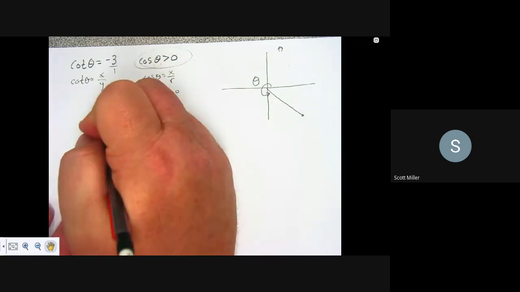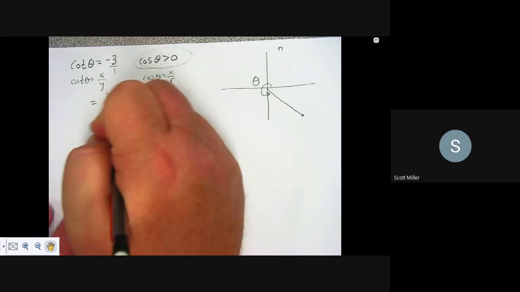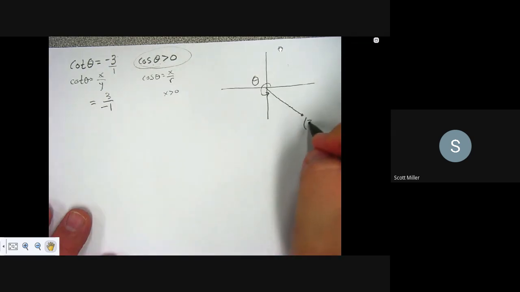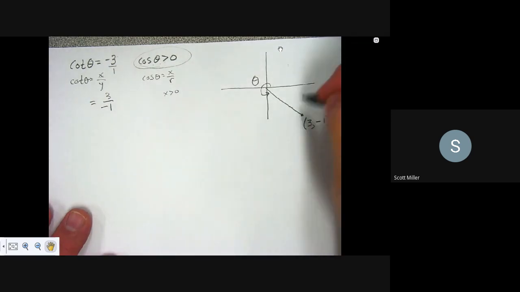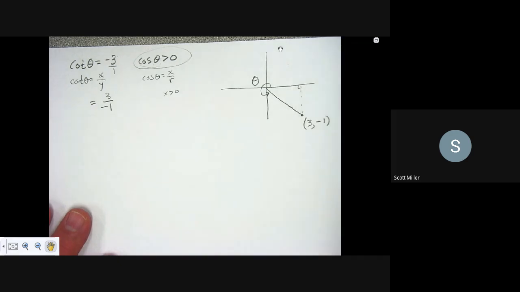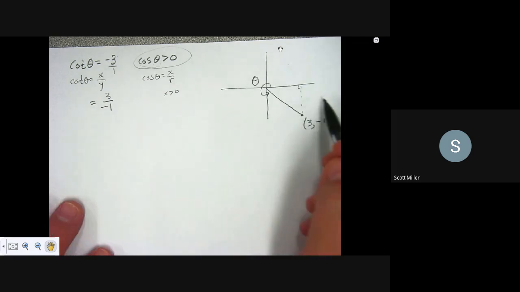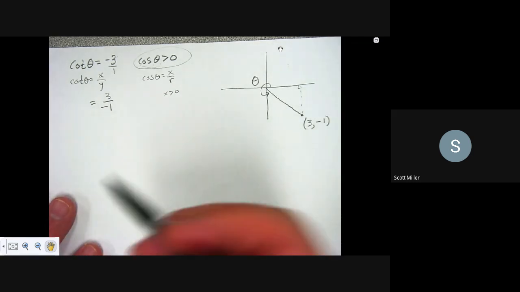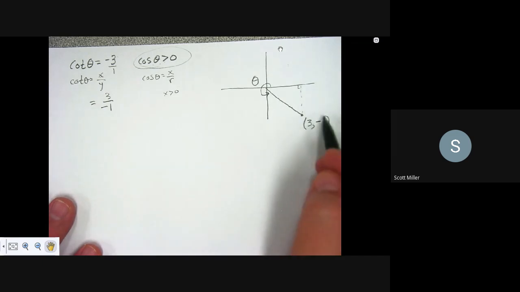So this is really 3 over -1. So x is 3 and y is -1, and that's how you get that triangle. It's based off of these clues. Once I have that point, it's the same as the other stuff, and you can find the trig functions based off of that.